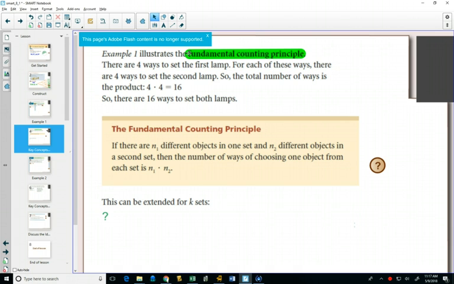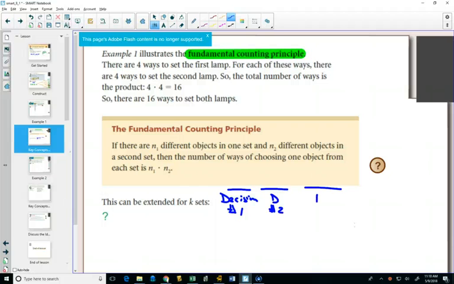Now that's in words. What we've been doing for this is we have been drawing a space for each decision. So space 1 represents decision number 1, and then decision number 2, and then decision number 3. And then within those spaces, the number that you put is your number of choices.